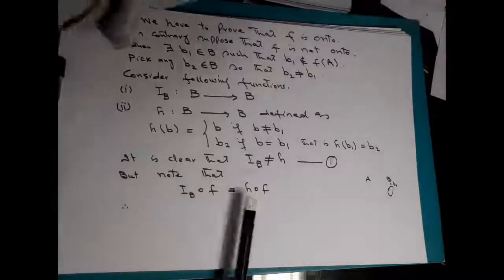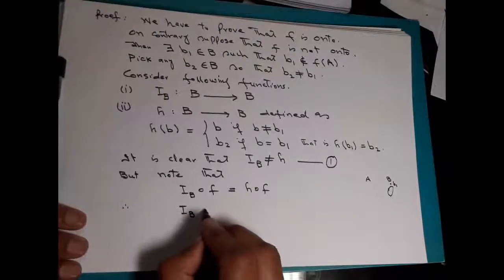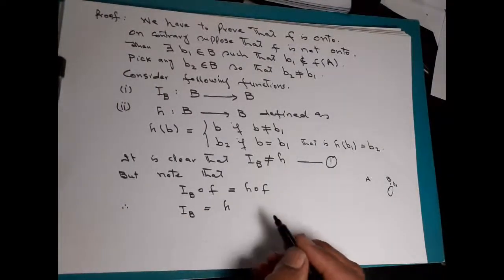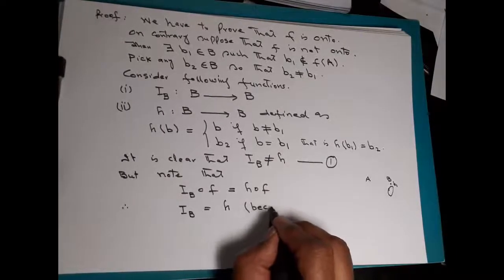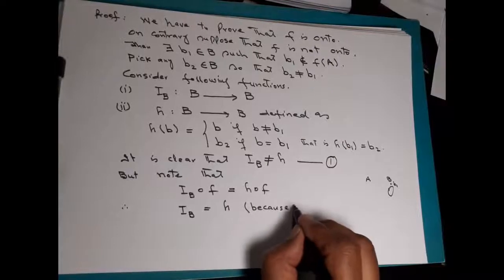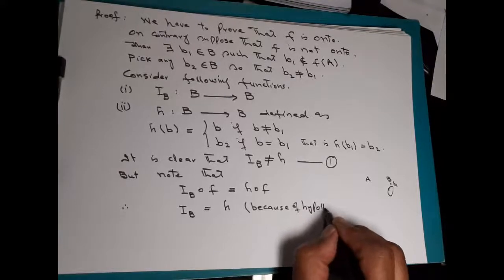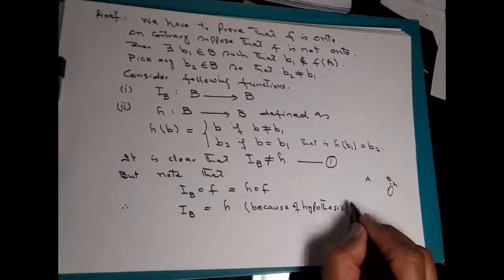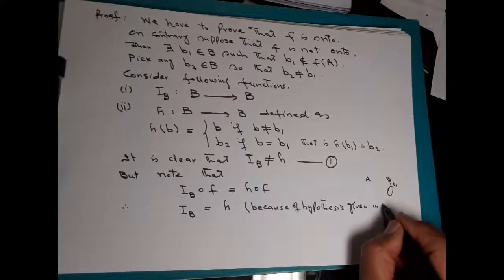Now note that these two are equal, therefore since f is right cancelable, identity of B is equal to h, and this is because of the hypothesis or condition given in the statement of the proposition.